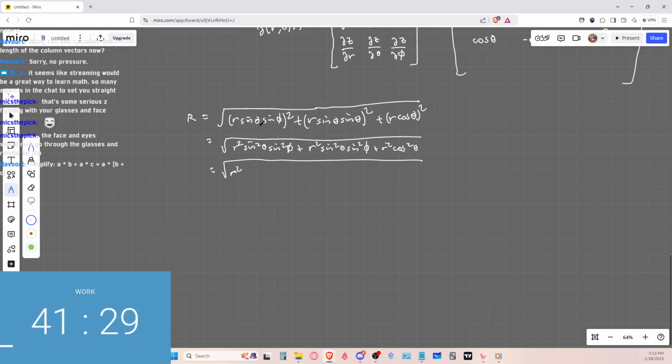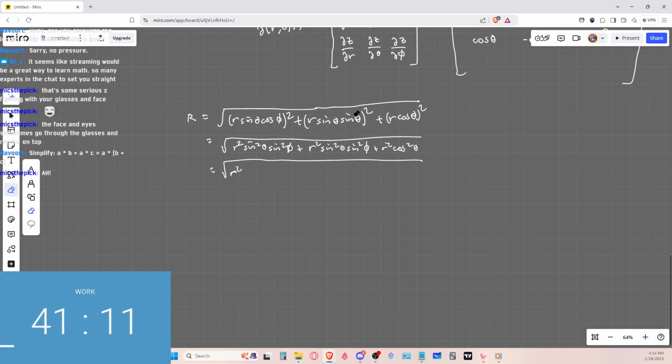Oh, whoops. Did I write this wrong? I think I wrote this wrong. Cosine. I think this is supposed to be cosine. And I wrote theta again.